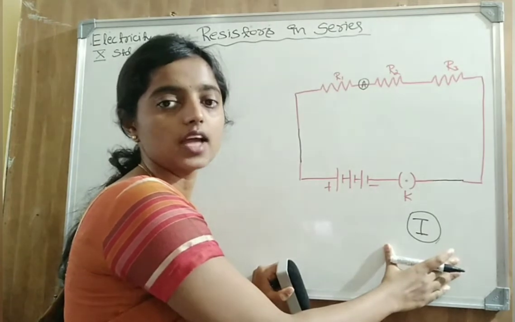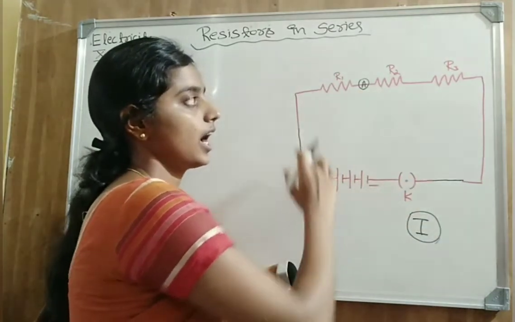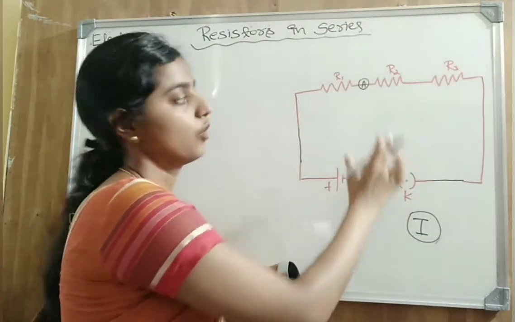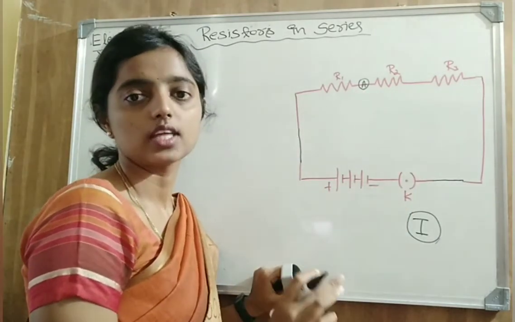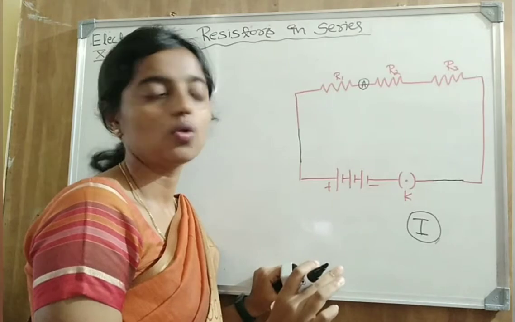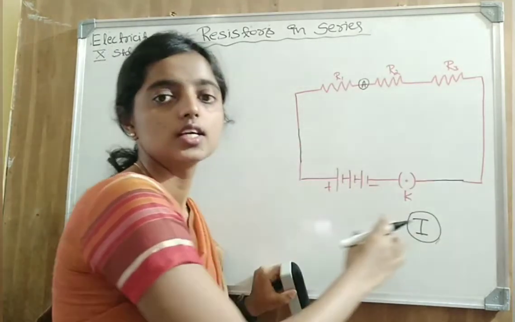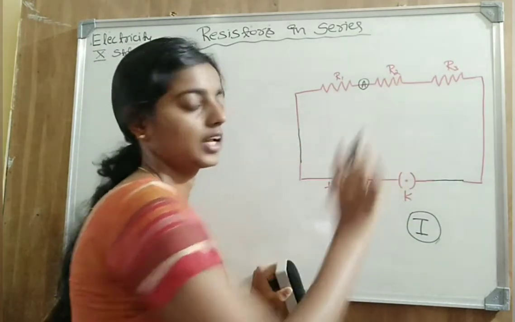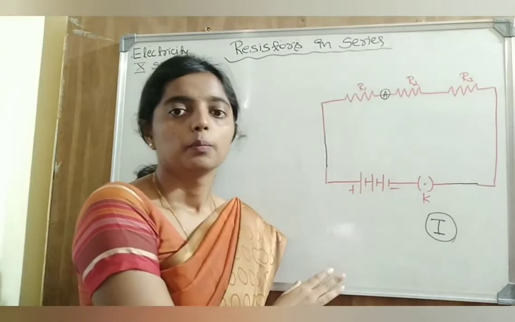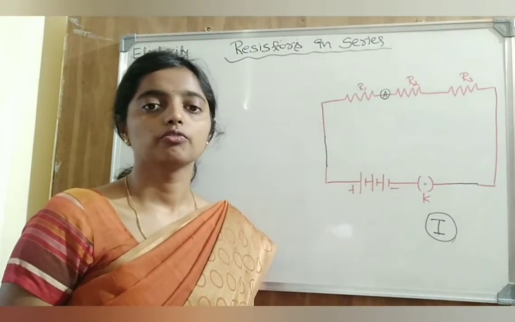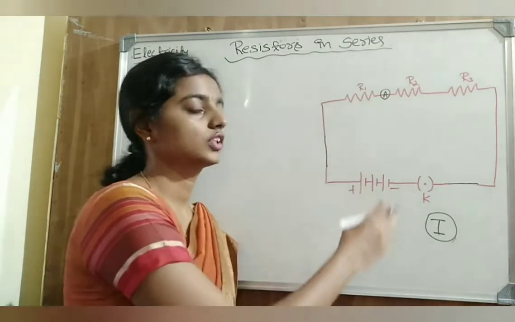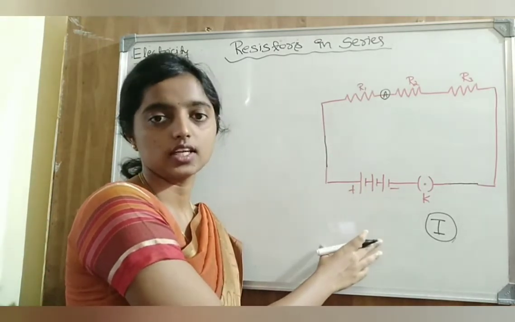This indicates that the current in an electrical circuit where resistors are connected in series will be the same. That is, current flows the same throughout the circuit where resistors are connected in series. By this activity, we can conclude that the current will flow the same throughout a series circuit.